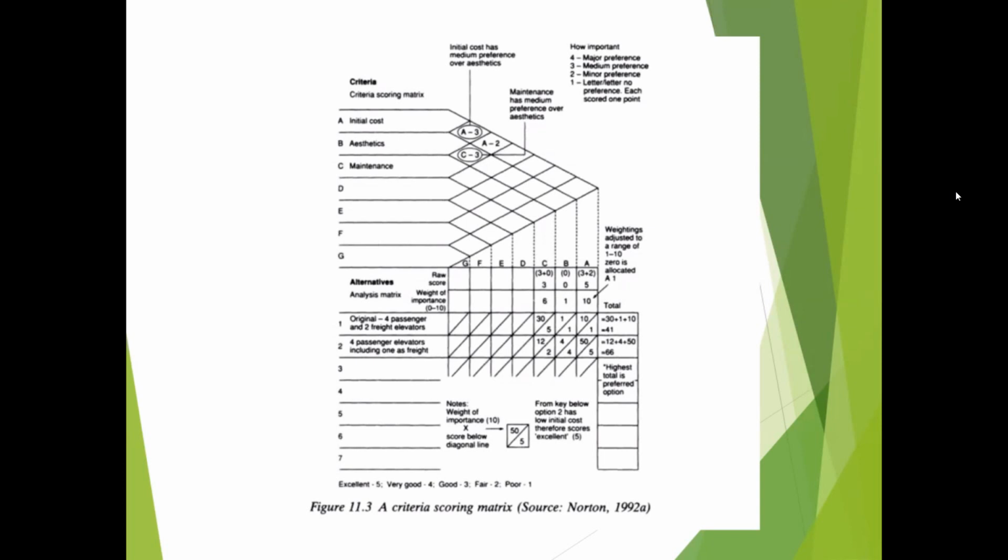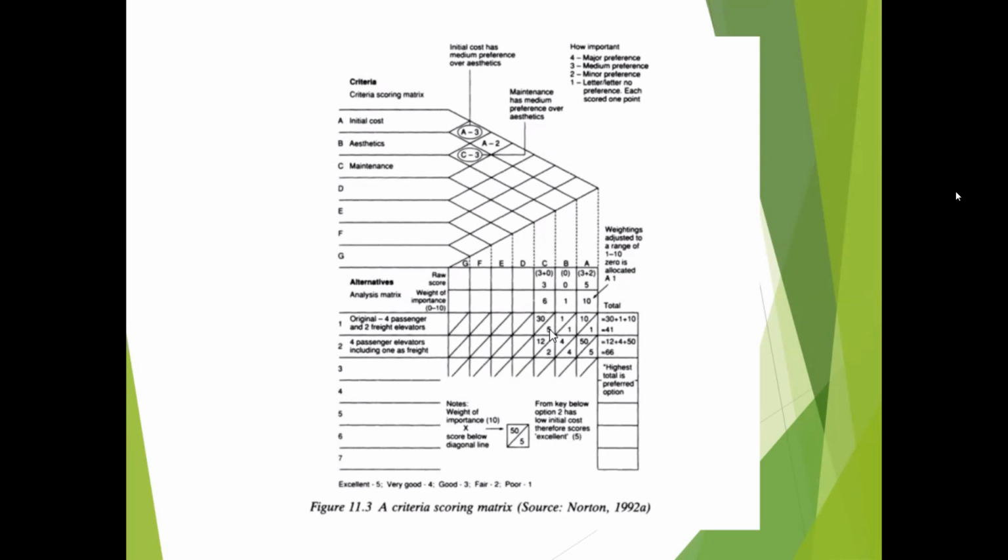Right? And then alternatives are compared using another scale. Say the first one, the original 4 passenger and 2 freight elevators. In terms of the initial cost, that is poor. In terms of the aesthetic, that is poor. And in terms of the maintenance, it's excellent.